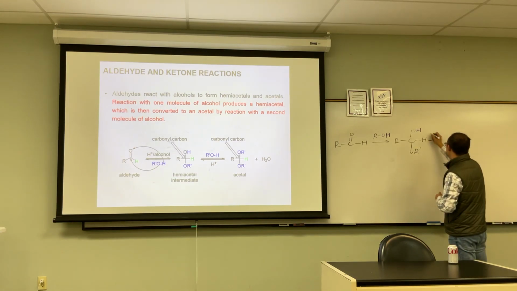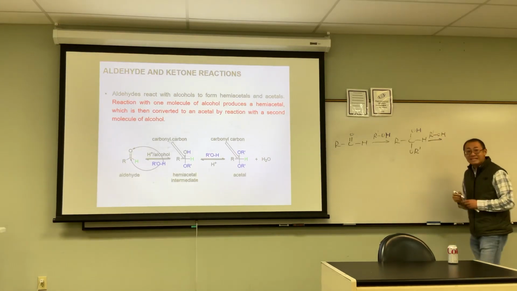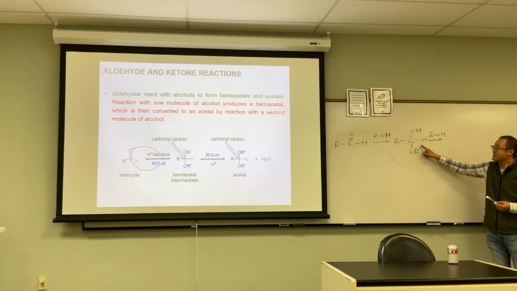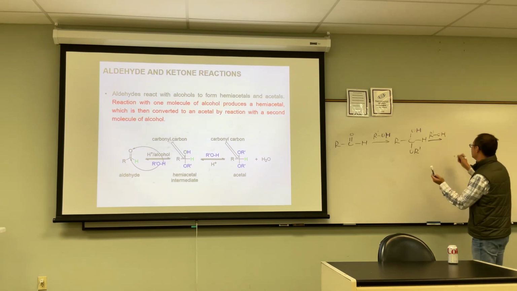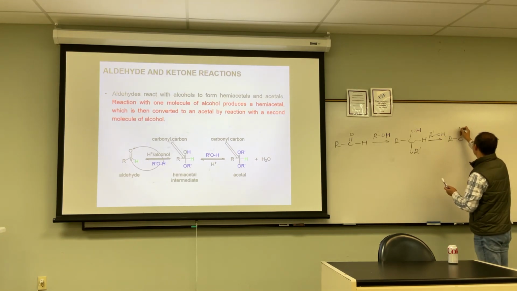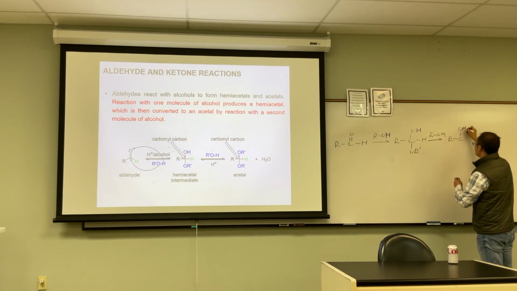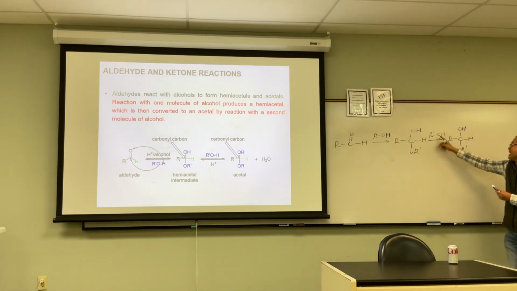From here, I can add another alcohol to the structure. If I want to add another alcohol, again, let me copy this on the right. The same. If I want to add another alcohol, I simply replace the OH.